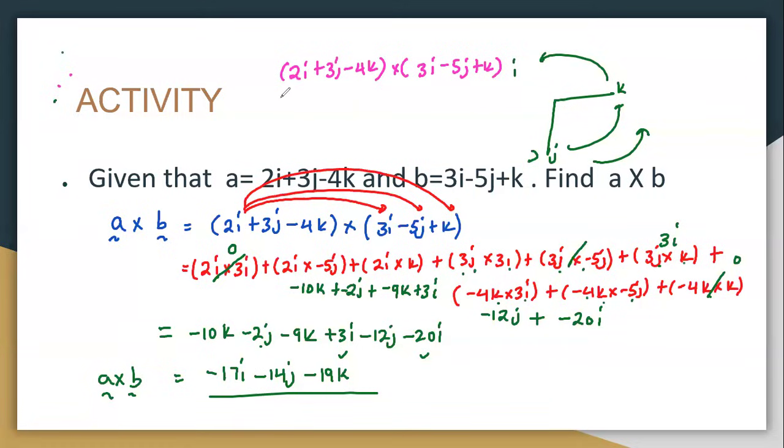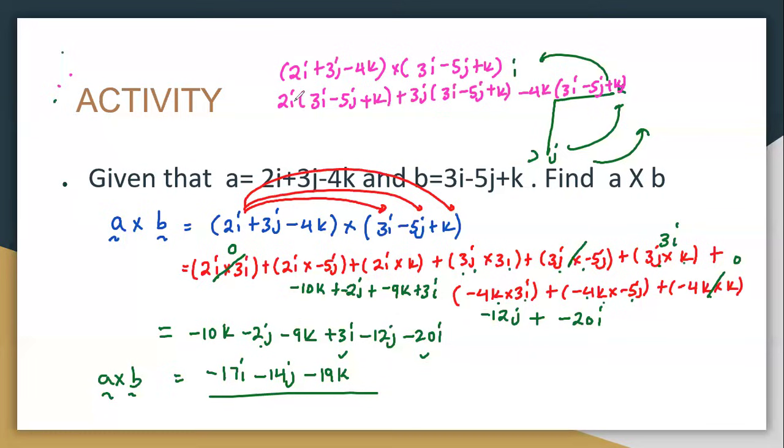That would be 2i into 3i minus 5j plus k, plus 3j into 3i minus 5j plus k, minus 4k into 3i minus 5j plus k.